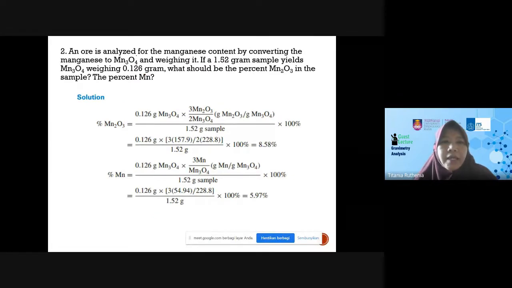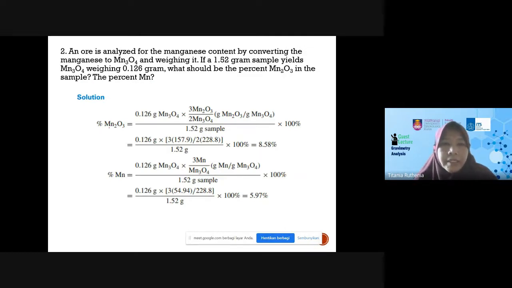An ore is analyzed for manganese content by converting the manganese to Mn3O4 and weighing it. If a 1.52 gram sample yields Mn3O4 weighing 0.126 gram, what should be the percentage of Mn2O3 in the sample? And what is the percentage of Mn?